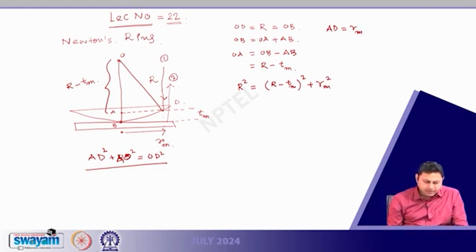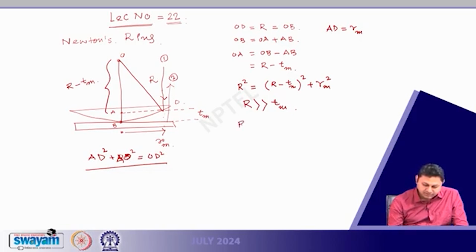Okay. Now, usually this R, the radius of curvature of this curve, is very much greater than this quantity Tm. So we can neglect a few terms related to Tm square.